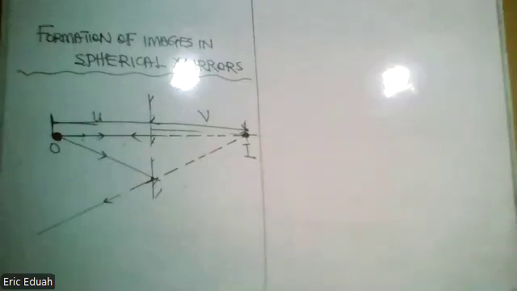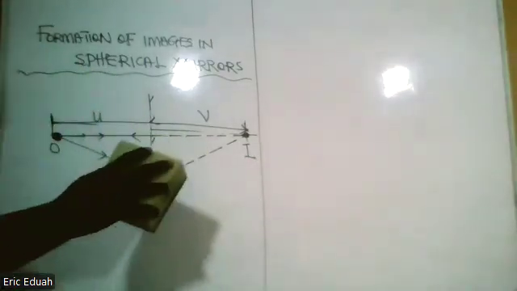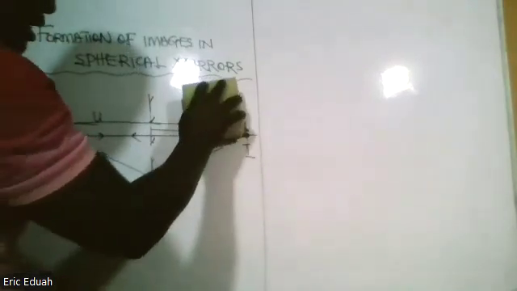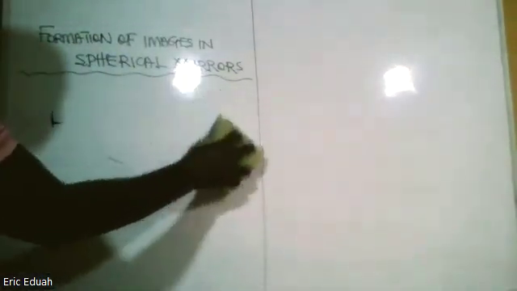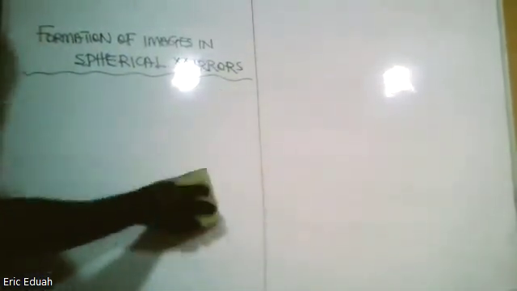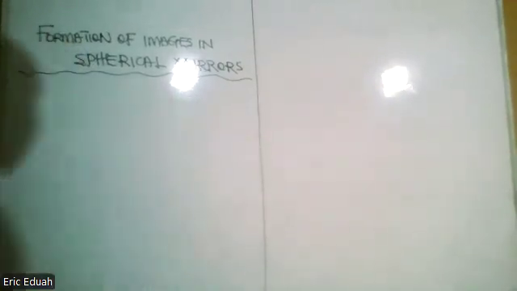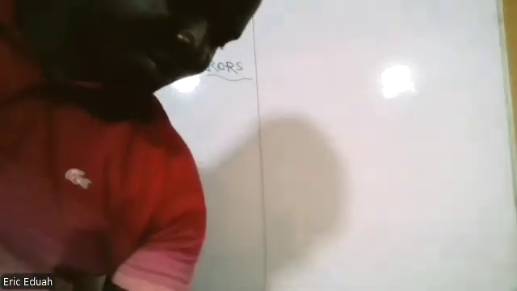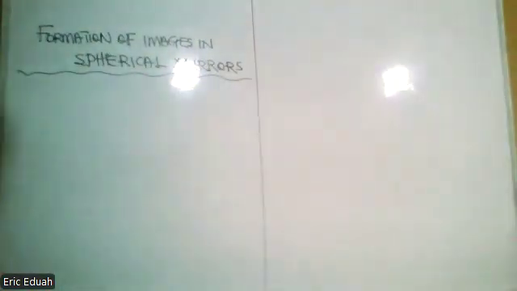When we come to spherical mirrors, we have their own ray diagram as well, and that is what we are going to go through from now. But it also has its rules. So let's quickly go through the rules, because we'll be using the rules or the principle for the image formation.